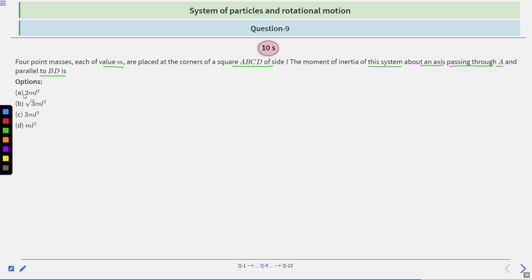Option A 2 mL square, option B root 3 mL square, option C 3 mL square, option D mL square. Read the question carefully and give the answer. You have 10 seconds to solve this question. After 10 seconds, we will provide the solution.